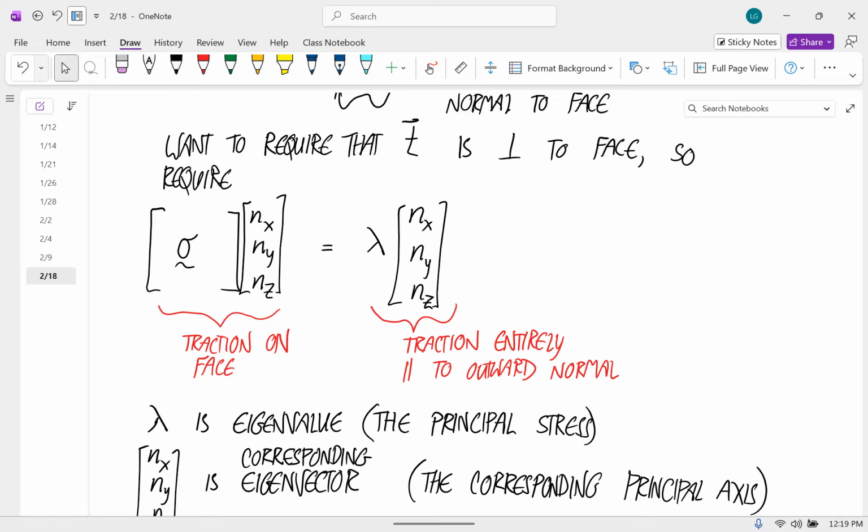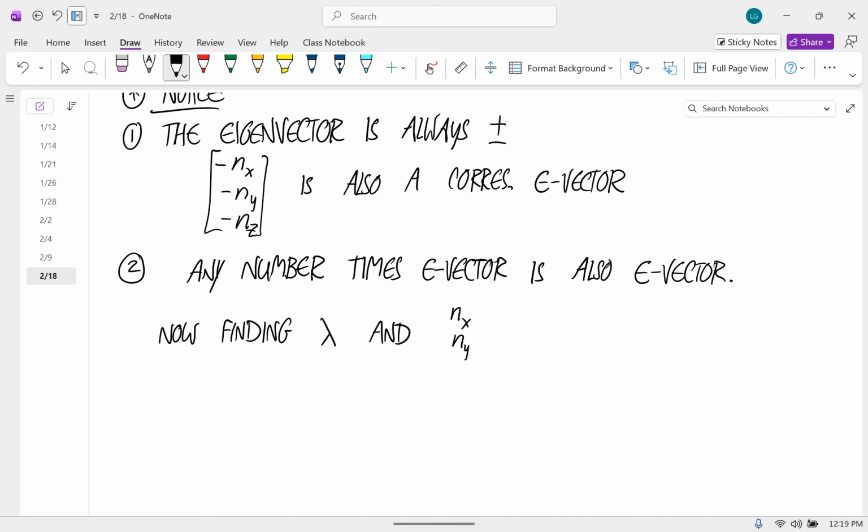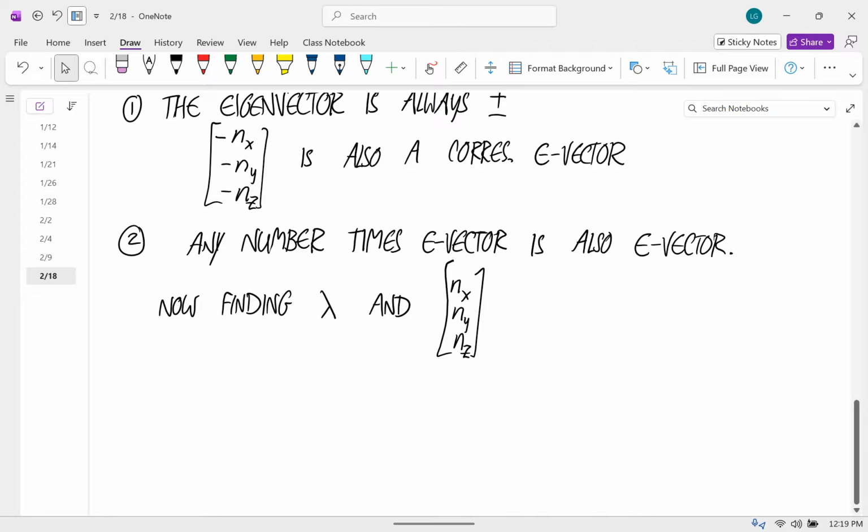Okay, so now let's see what this equation gives us. Now we're going to try to find the eigenvalue and the eigenvector, so we're going to start with this.